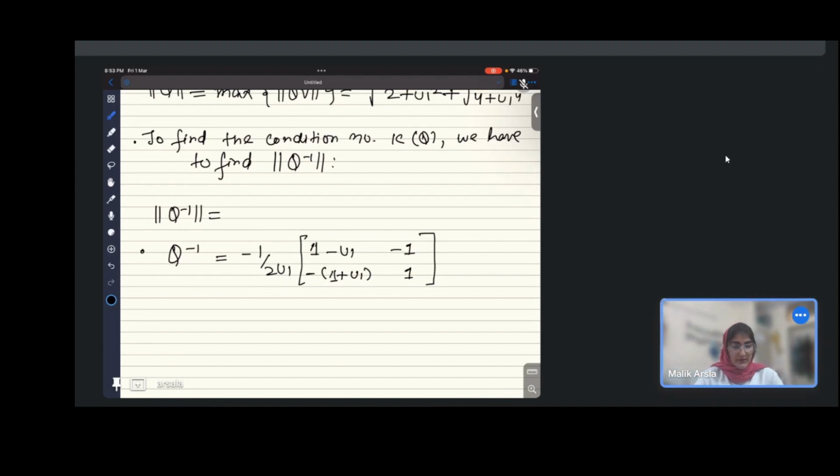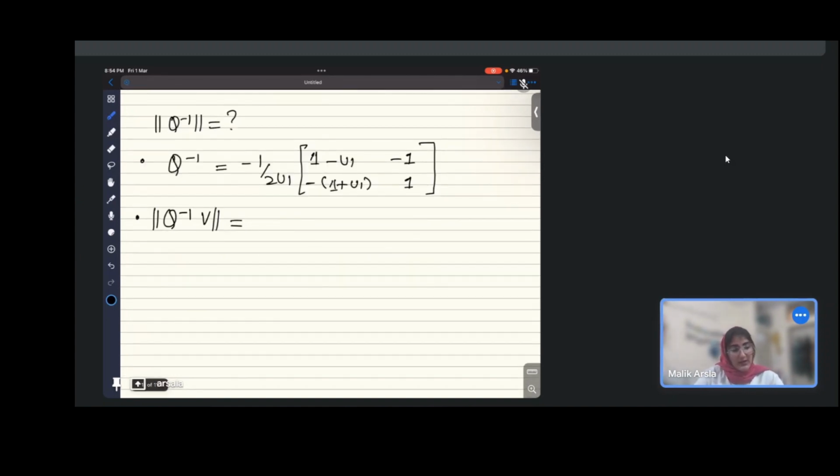This is q inverse. Now second step is finding q inverse into v. Yeah, that is how you find norm, right? First find this thing, then maximize it. So quickly tell me what is the value of this, or even if you are getting the norm simply.